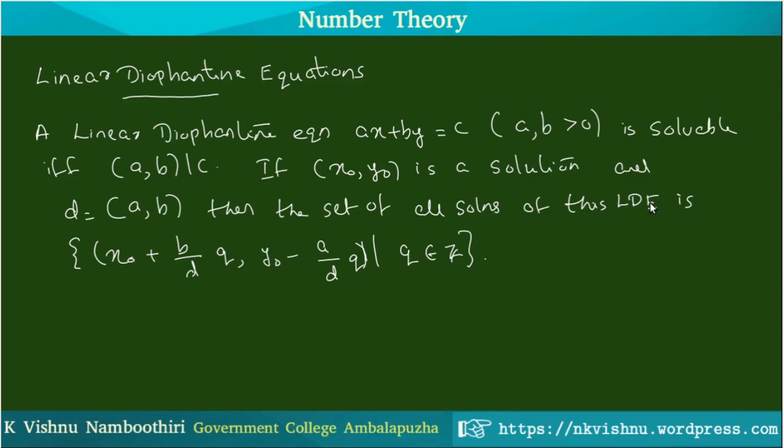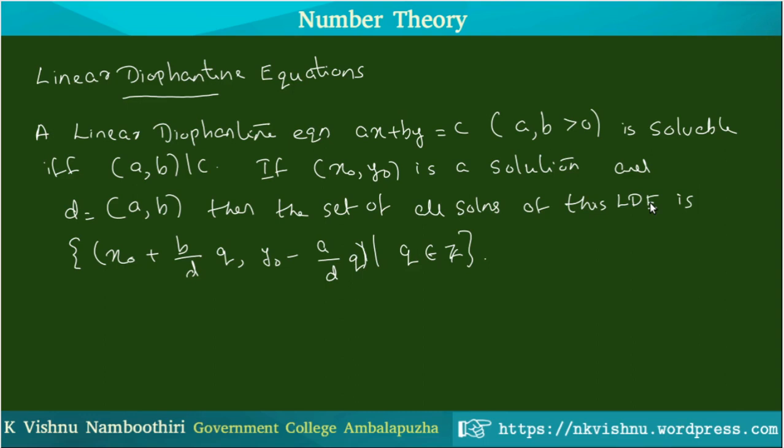Note that this ab greater than 0 restriction is not that strict, because even if we have ax plus by, if one of them is negative, suppose that b is a negative integer, then we can take ax plus minus b into minus y equal to c. In that way we can make a and b look like positive integers. So that is not actually a serious restriction.